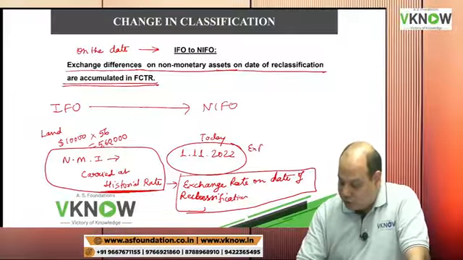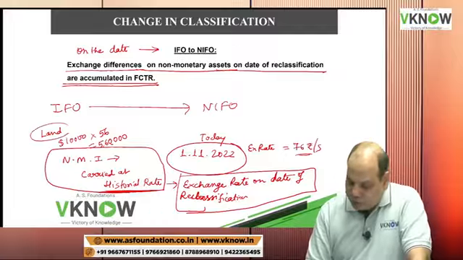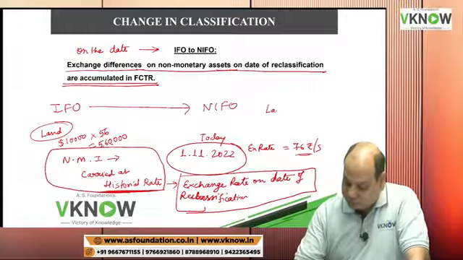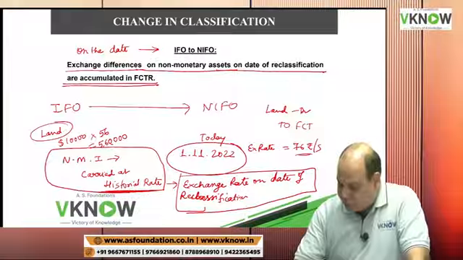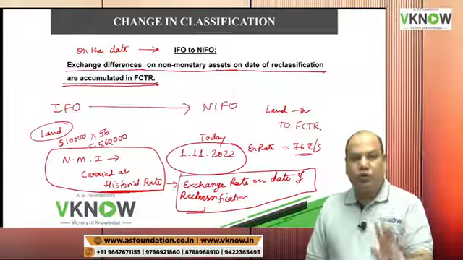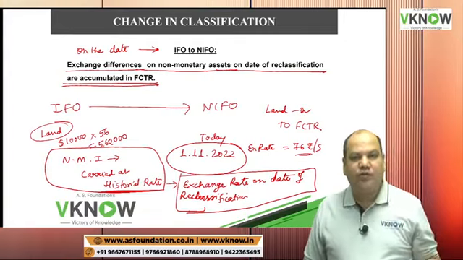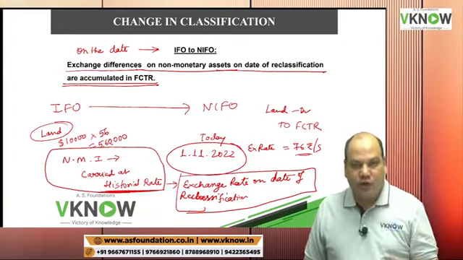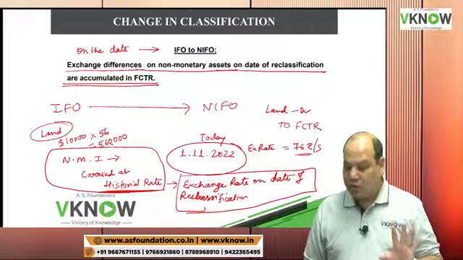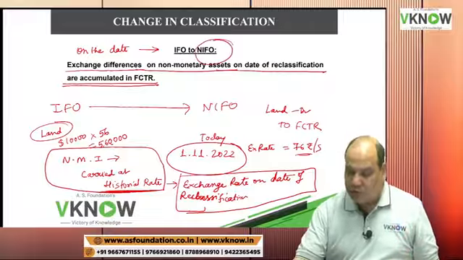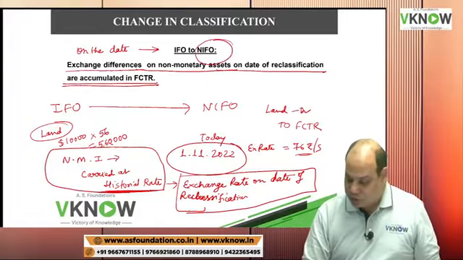Today the exchange rate is 76 rupees per dollar. So I will have to revalue this land. Land account debit. The standard says when you revalue such non-monetary items, you are going to transfer the difference to FCTR because now it is a non-integral foreign operation.